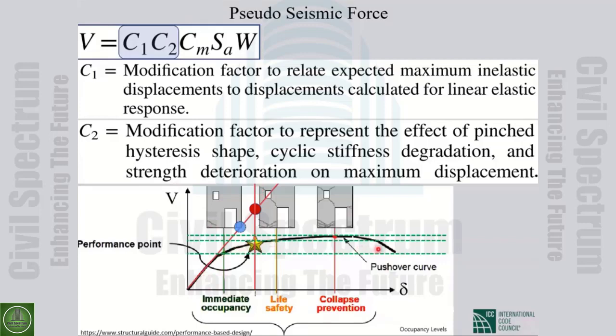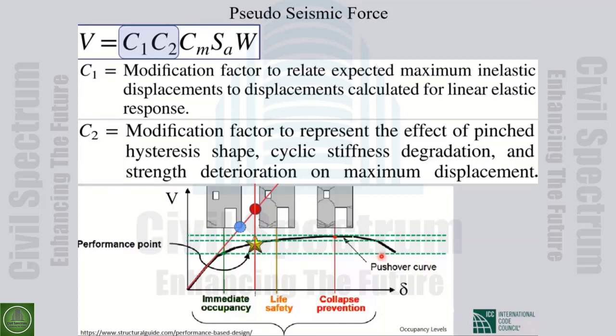Very interesting curve. It shows, for example, when it decreases to 20% of the maximum strength, that's the location that we can use to calculate the ductility capacity of it. So the capacities are here.